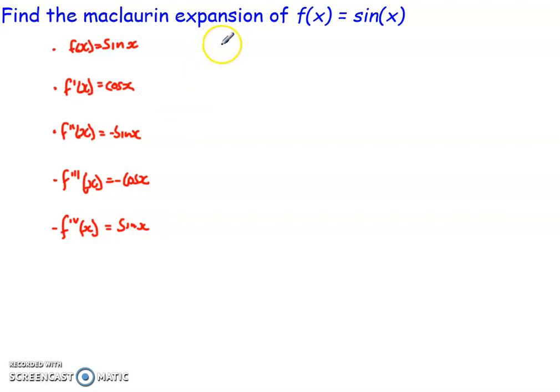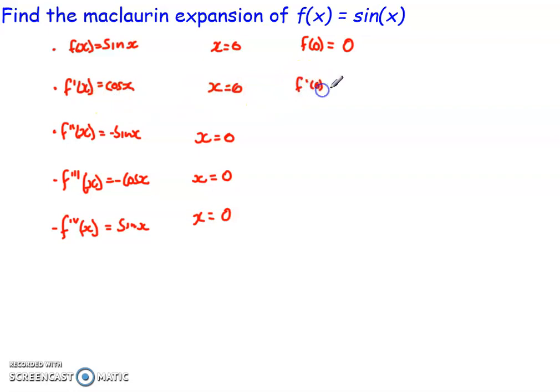Once I've got all these derivatives, then comes the next important step. For each of the derivatives, what I'm going to do is set x equal to 0. And I do that for every derivative, regardless of how far I could go. I could go up to the 10th derivative if I want. For every single one of them, though, I would substitute in the value of x equal to 0. So if f of x is sine x, f of 0 is sine of 0, which is 0. For cos x, x is equal to 0.